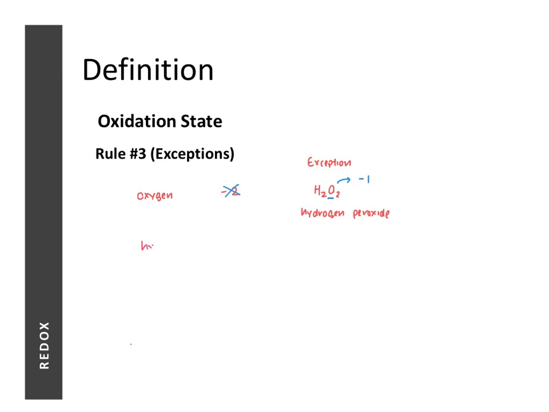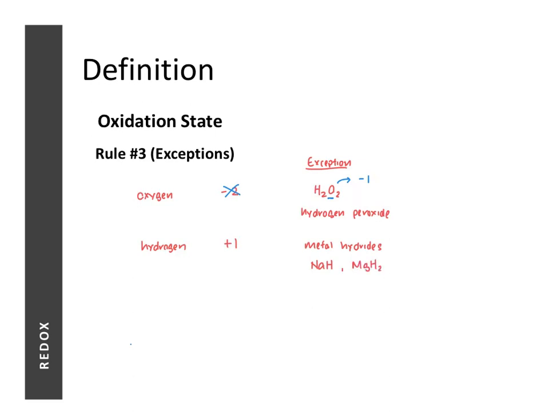Similarly, for hydrogen, we have learned that when hydrogen forms a compound, the oxidation state is always +1. But there's an exception. The exception is metal hydrides. What are metal hydrides? Metal hydrides are compounds that are formed when a metal combines with hydrogen. For example, sodium hydride or magnesium hydride.